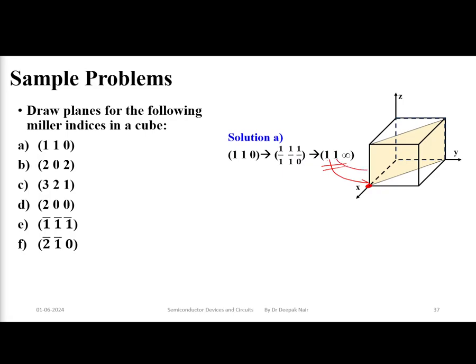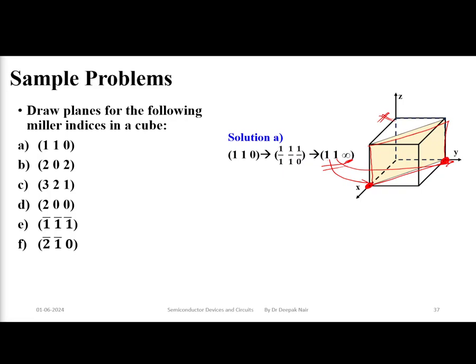The next one represents the y-axis, so the plane will be touching the y-axis. And because the third value is infinity, it is parallel to the z-axis, so the plane will not touch the z-axis. So if you draw the plane which is touching the x-axis and y-axis, not touching the z-axis, you will end up with this particular plane.